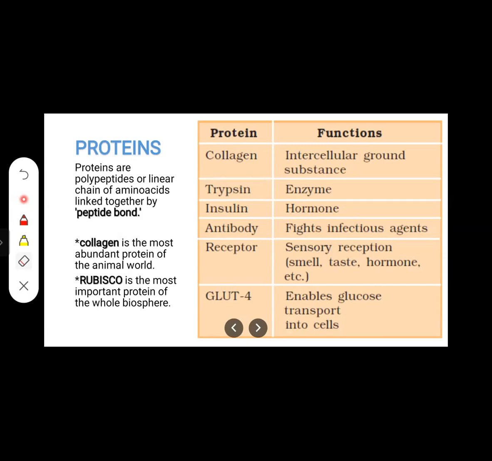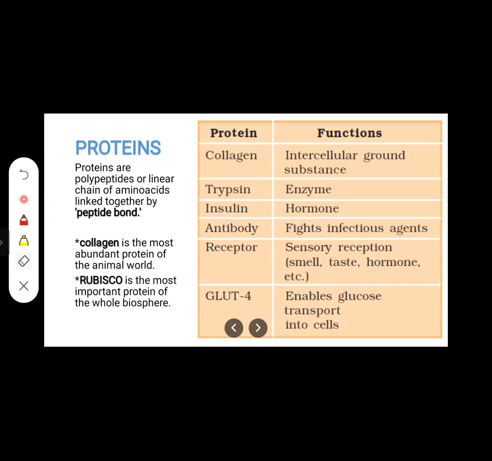Is there any flexibility of the bones in your hands and legs? No, there is only restricted movement. But if you touch your ears, you can rotate them in any direction. That flexibility is there because of collagen. And this is the most abundant protein in the animal world.